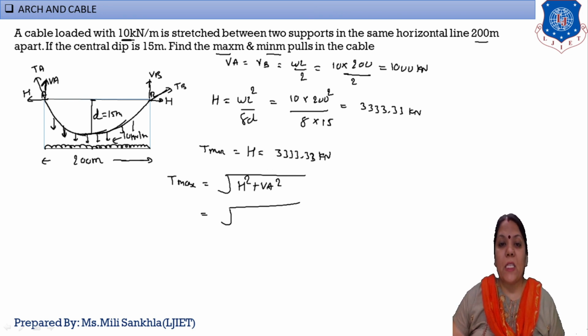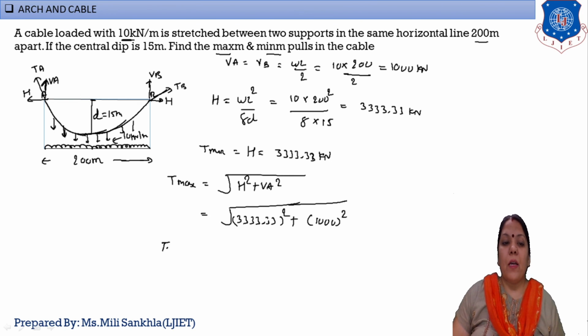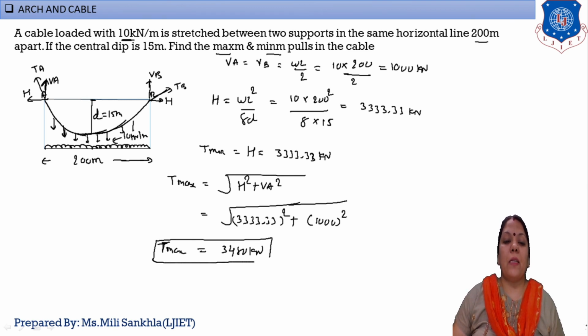H is 3333.33 squared, and VA we found is 1000 squared. Now my T max is equal to 3480 kilonewton.